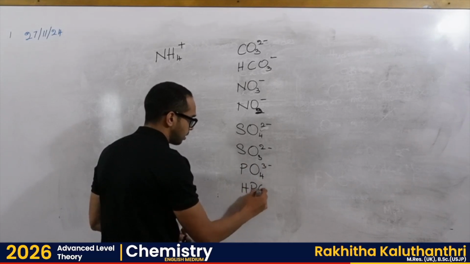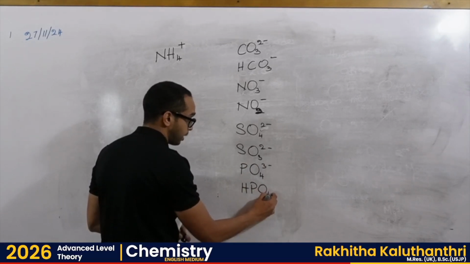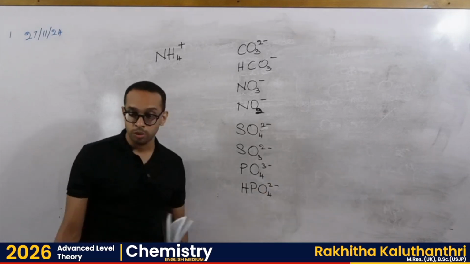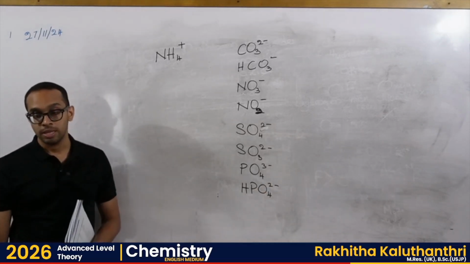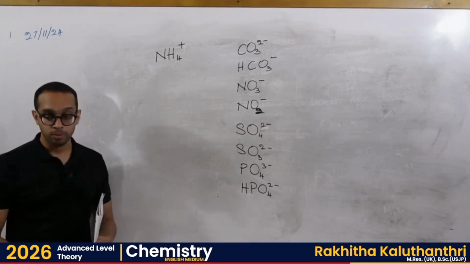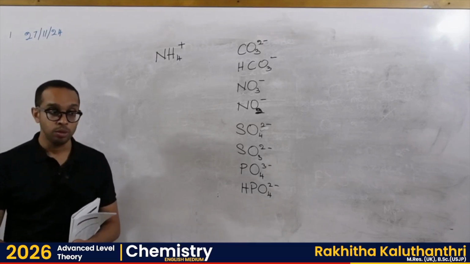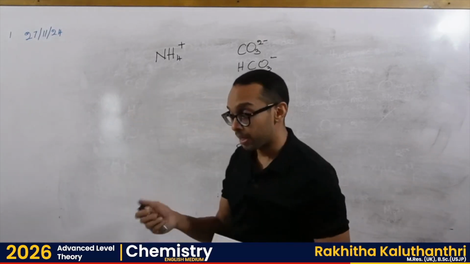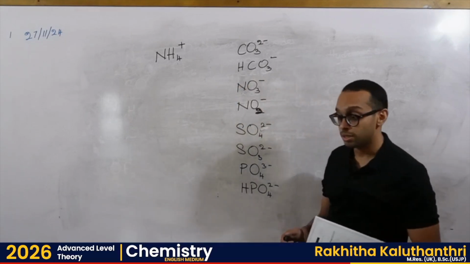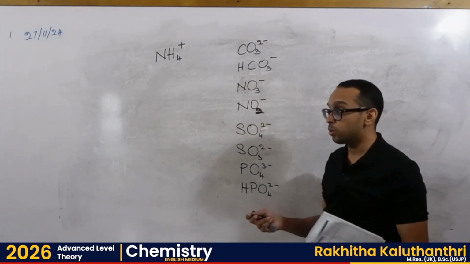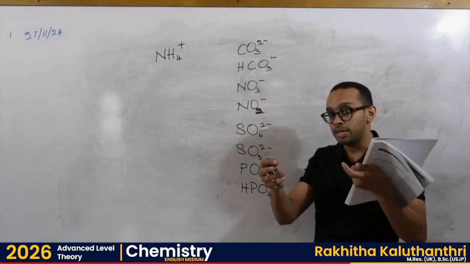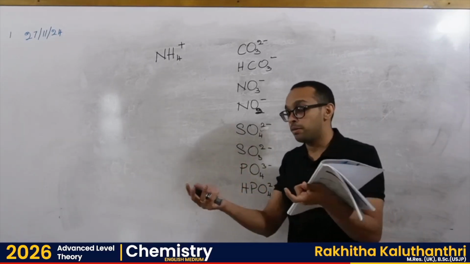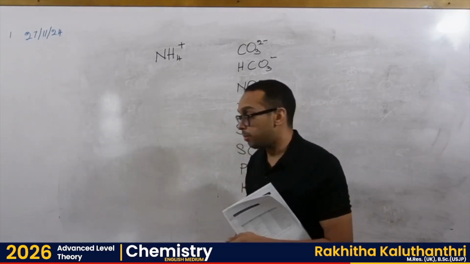Naming polyatomic anions and cations is very, very important, and you need to know their formulas along with their charges. If you don't know them, it will be a problem in the long run, especially in different types of chemistry where we have to find the concentration of ions. If you don't know the main component ions of an ionic compound, it will be a major problem in the future.